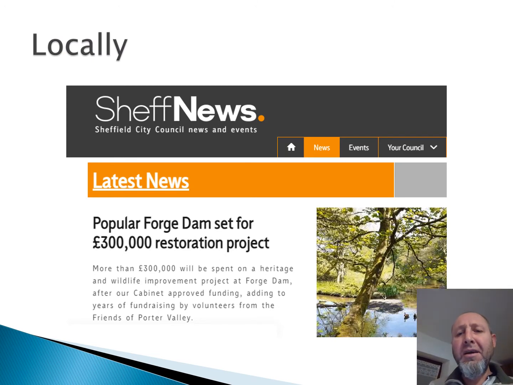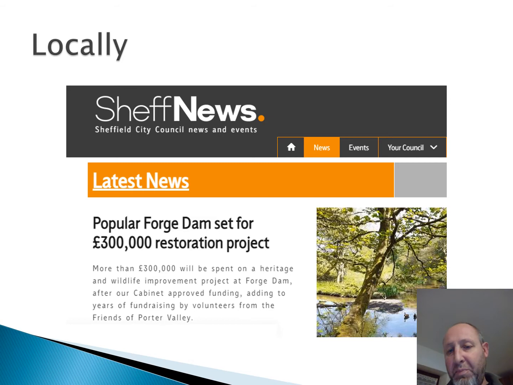Okay, so here's looking at locally. I've taken something from Sheffield City News. Try saying Sheffield City News a number of times and see what happens. Anyway, in Sheffield, the popular Forge Dam is set for a 300,000 restoration project.